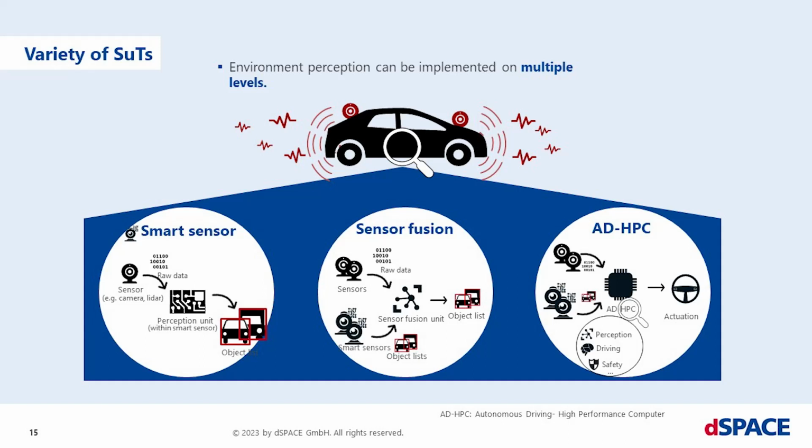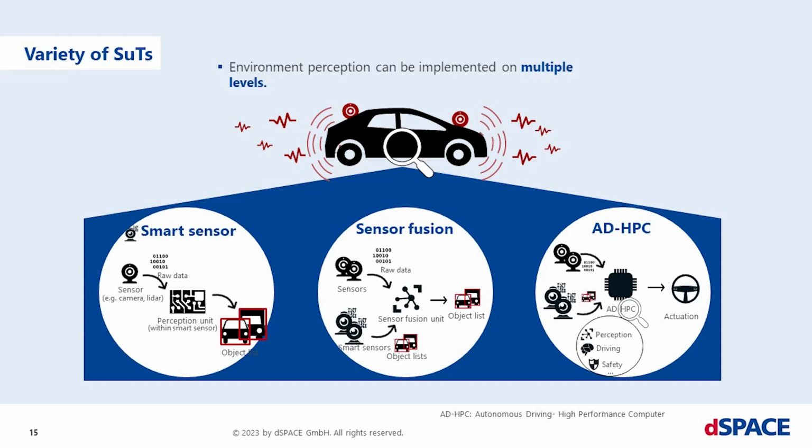Finally, at the right-hand side, you see the HPC, the high-performance computer, for example a domain controller of a self-driving car. It is the most complex SUT type with highest integration level. A single HPC can comprise different software components like perception, data fusion, or even driving functions, including prediction, motion planning, or motion control.